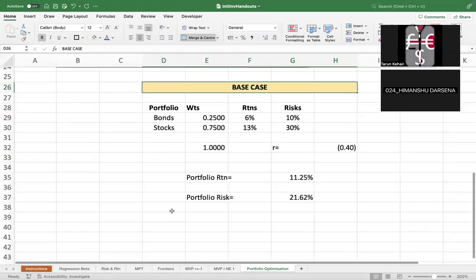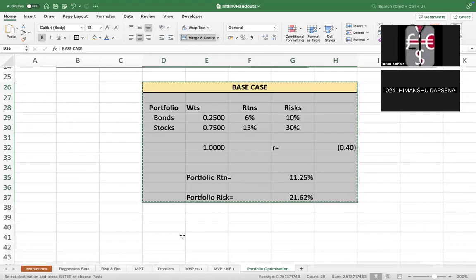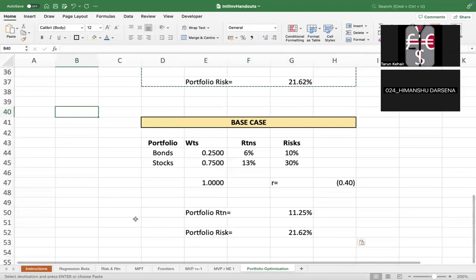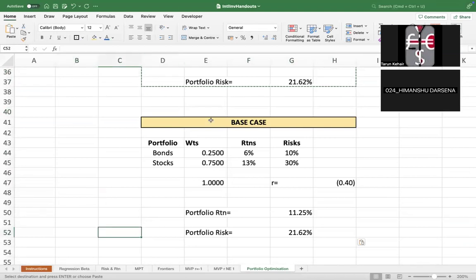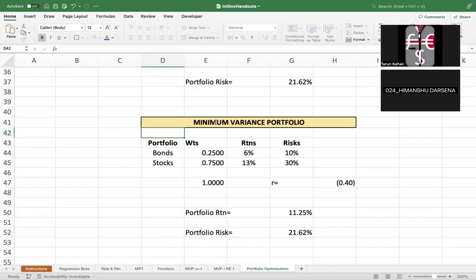So for the MVP, I will just copy the same base case. I will not make any changes to that. I will copy it here. And now use the solver for risk minimization. And call this as my minimum variance portfolio.